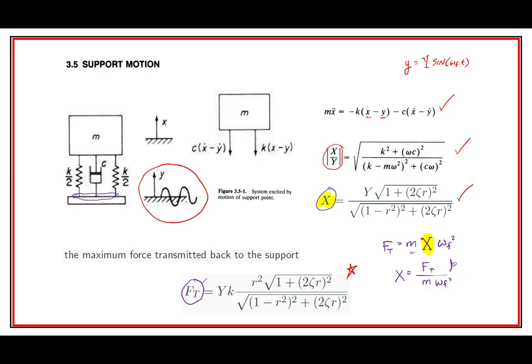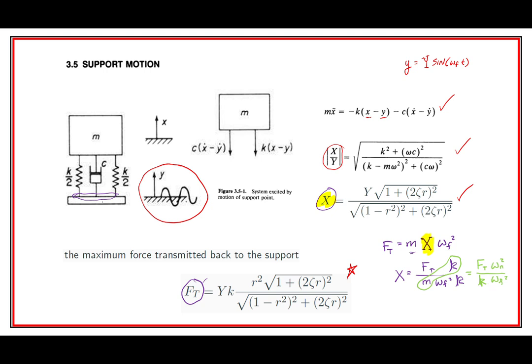And then we could also take some k's and put them in here, right? And with that, we could recognize that right there is omega n squared. So now we're dealing with F_T over omega n squared over omega f squared, and then we still have a k remaining right in there.